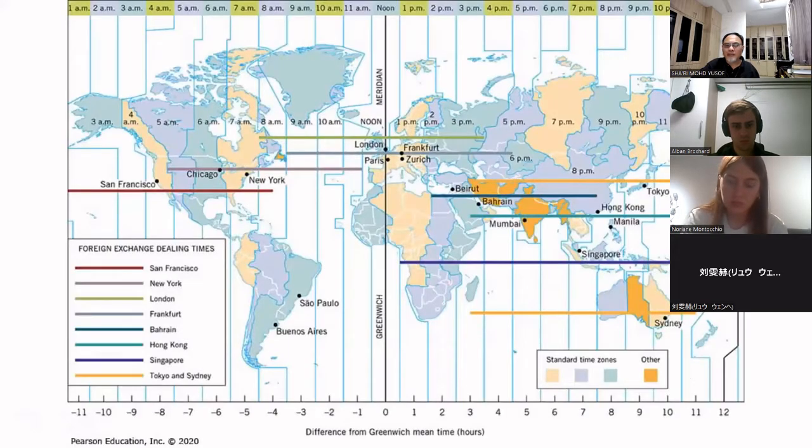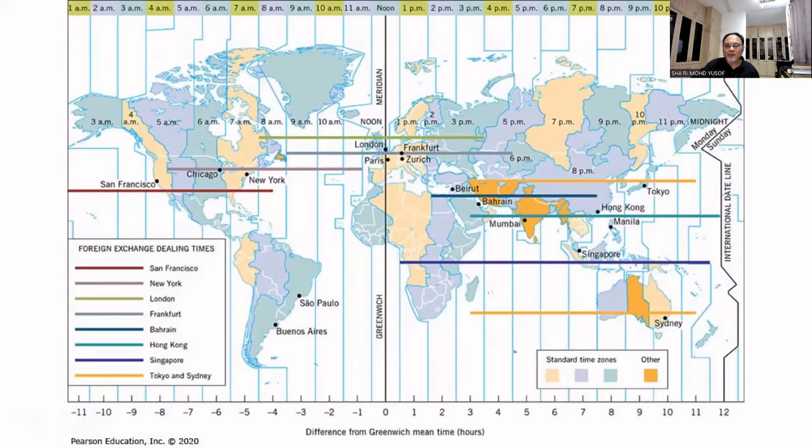So this is the map I wrote down just now. Okay. So what can you see here? Which market has the longest opening dealing times? Foreign exchange dealing times, basically when the foreign exchange market is open for transactions.